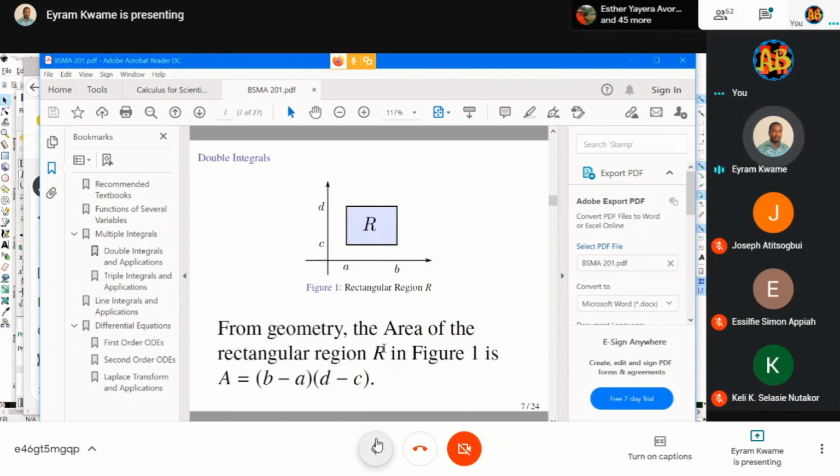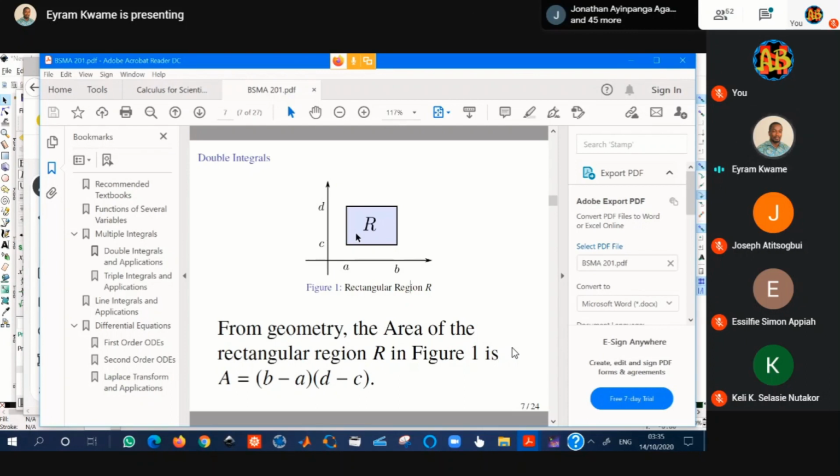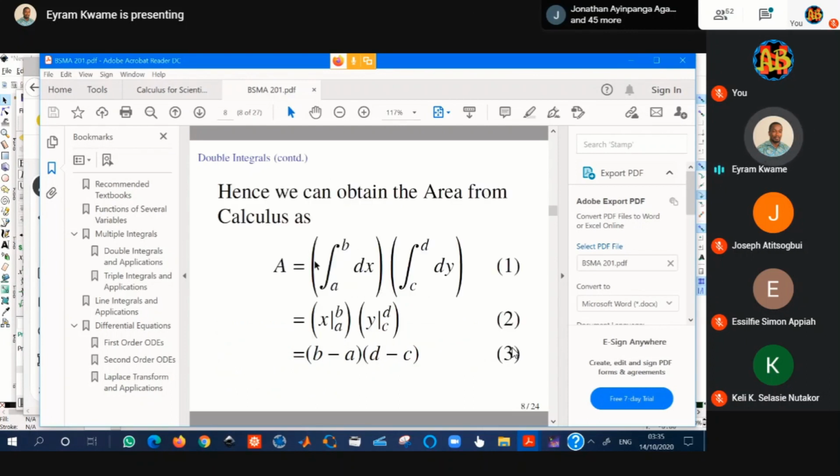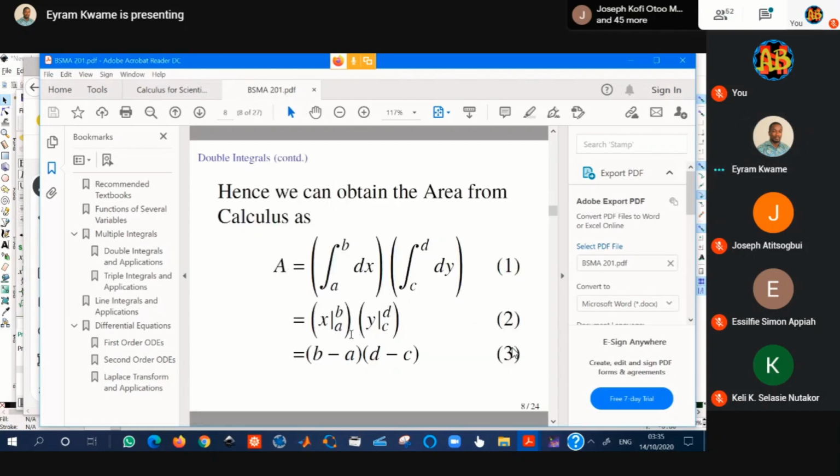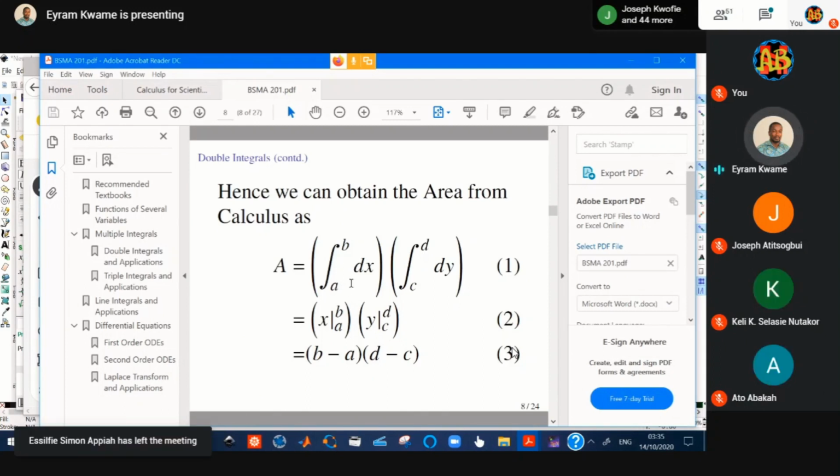Now, if we concentrate on this formula, the question is, can we find a way to obtain this result in calculus? Yes, we can. B minus A can be obtained by integrating 1, because when you integrate 1, you have x.